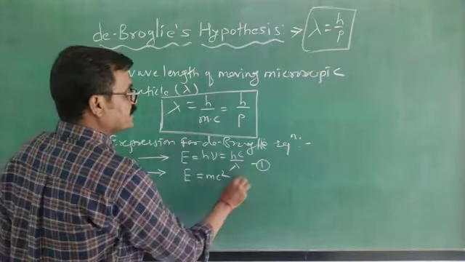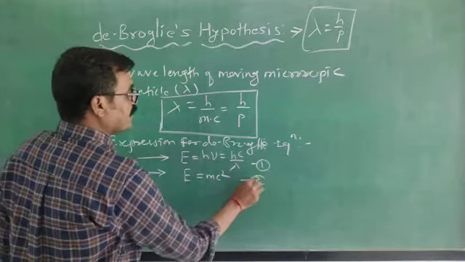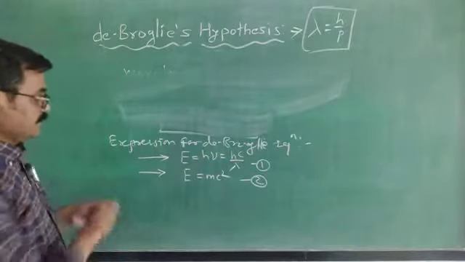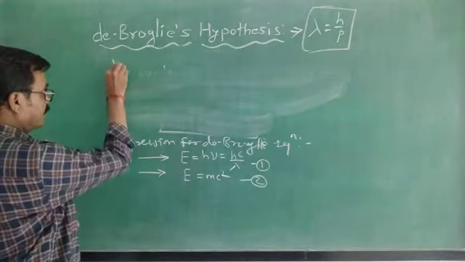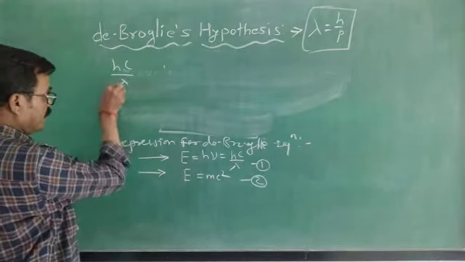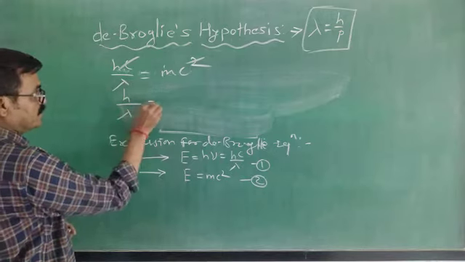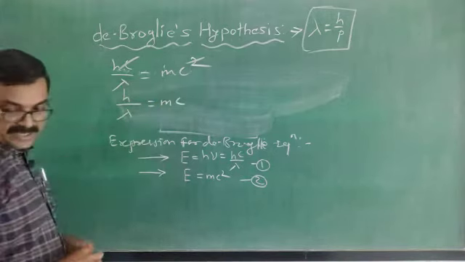From equations 1 and 2, the left hand sides are equal, so we may write h into c upon lambda equals mc squared. The c gets cancelled, so h upon lambda equals mc.